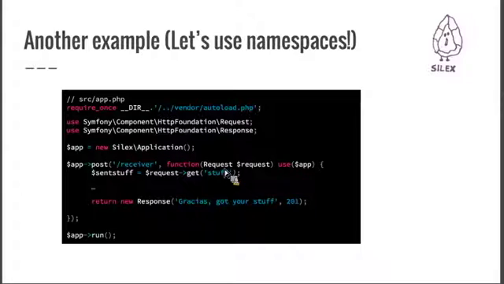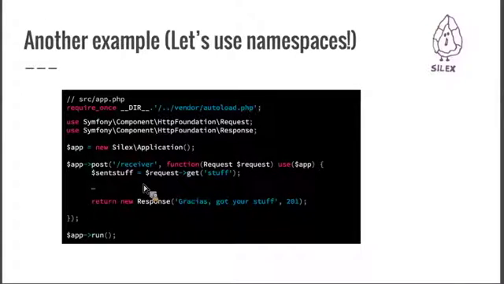Basically, a post gets a request, and this request object comes from Symfony. So the autoloader has all the dependencies there, and I'm just telling it to use Symfony component HttpFoundation Request as Request directly. That's the reason we have this use statement. And then I also pass the whole app inside.